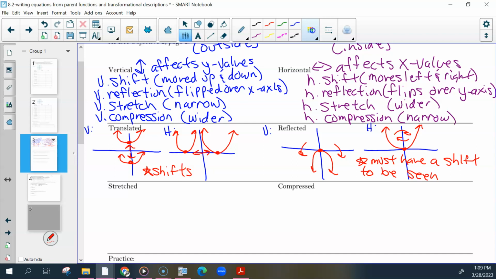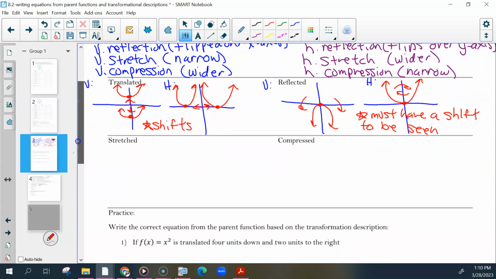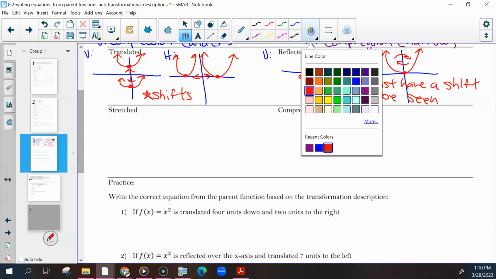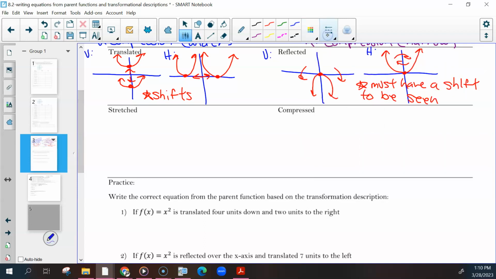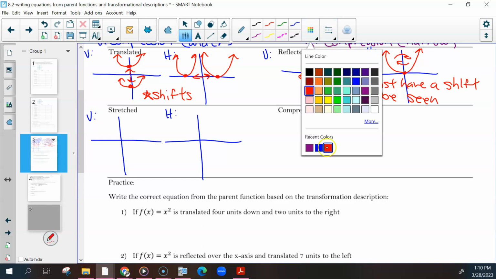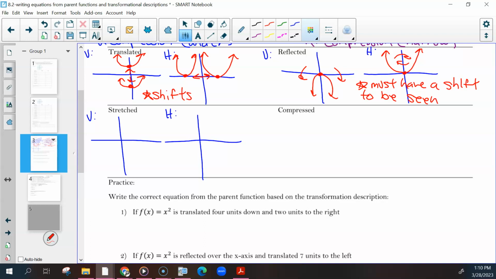And then let's go on to the stretch. So we talked about a vertical stretch and how that stretches towards the y-axis. So it gets narrow. Try to make yours narrow.